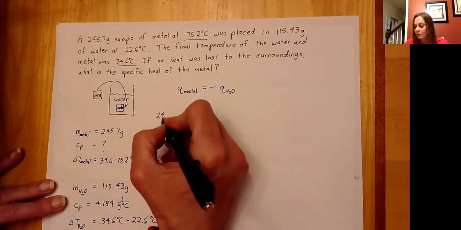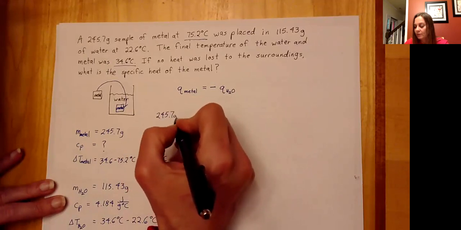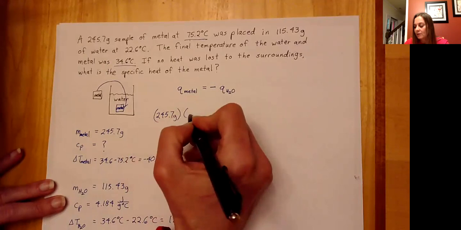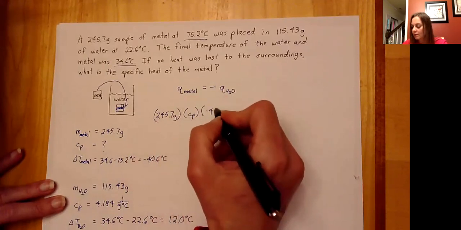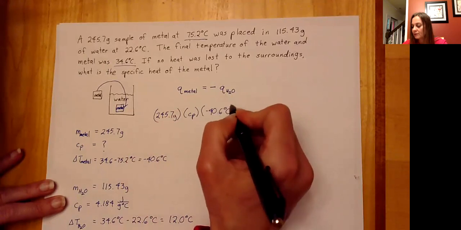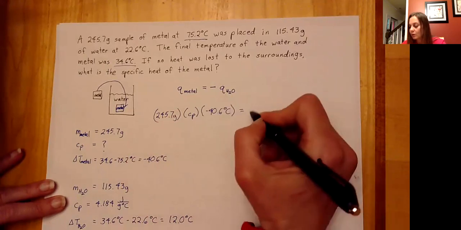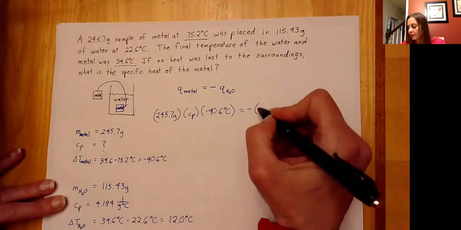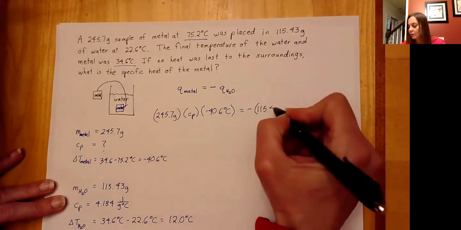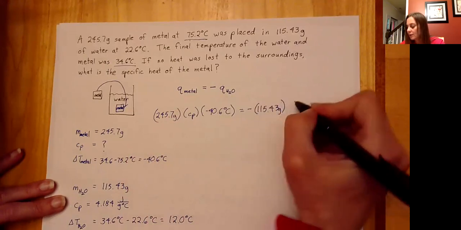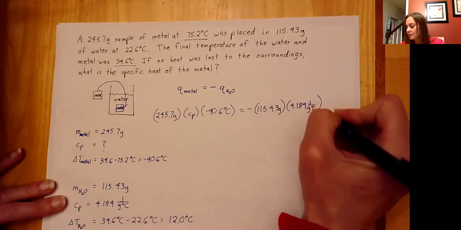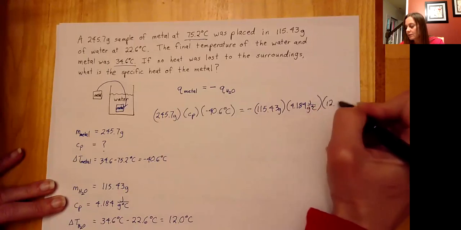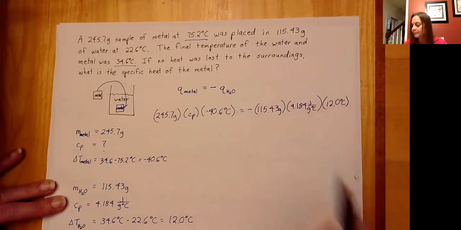So we have 245.7 grams times the unknown specific heat times negative 40.6 degrees Celsius is equal to negative, and then we have 115.43 grams times 4.184 joules per gram degree Celsius times 12.0 degrees Celsius.